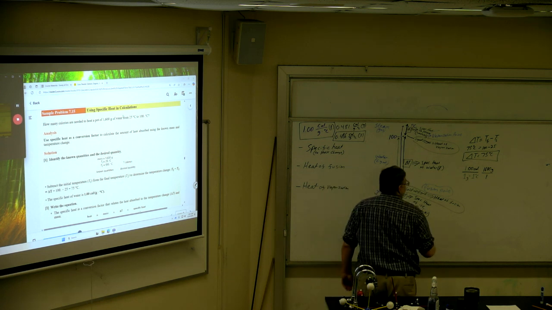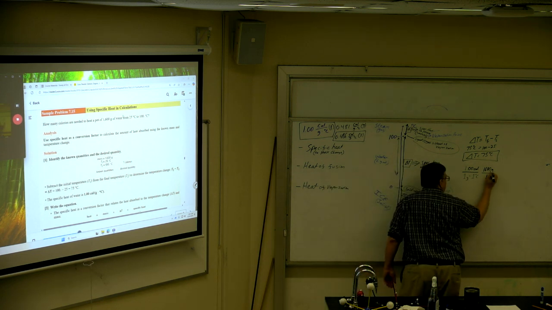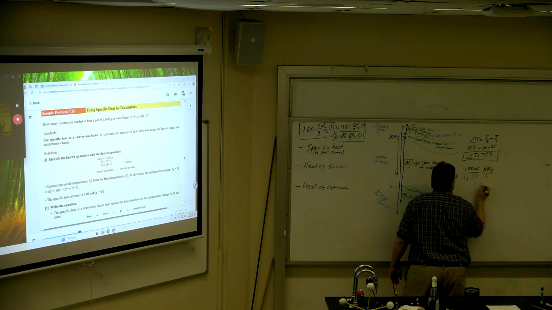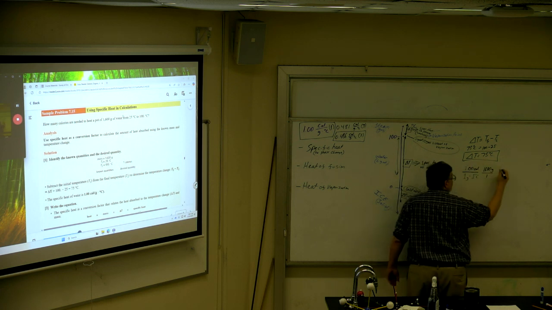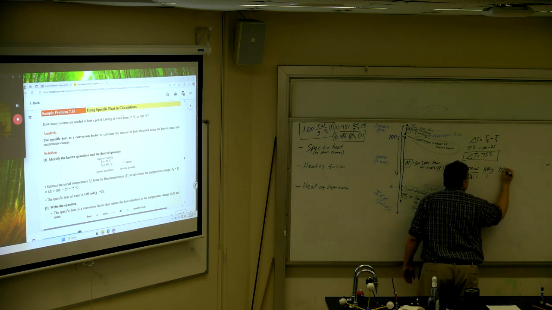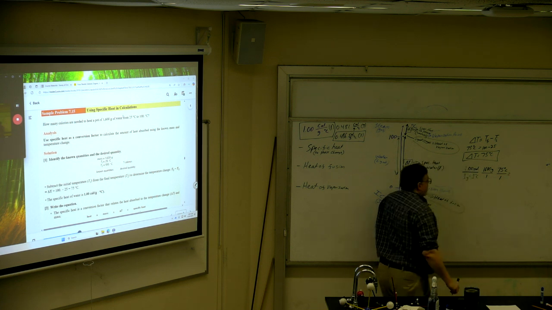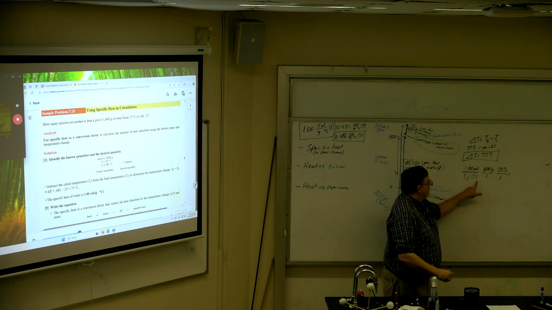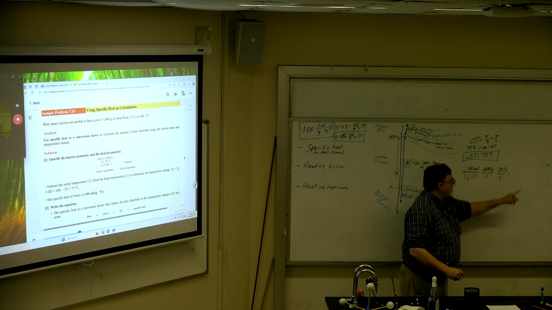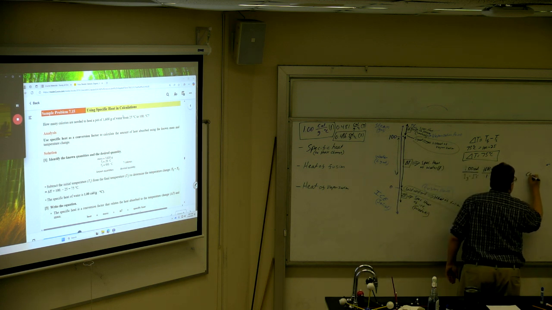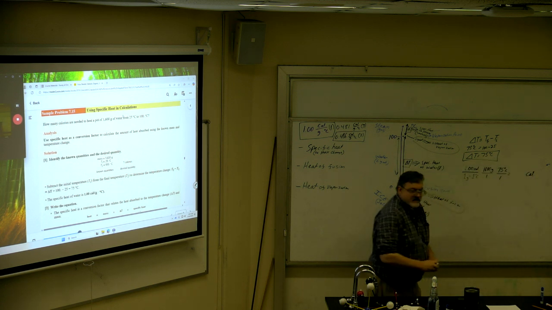They don't have a decimal point there, so that's 2 significant figures. And then our delta T, and that'll do it. The grams will cancel, the degrees C will cancel, we'll end up in calories. That's how you would calculate it.